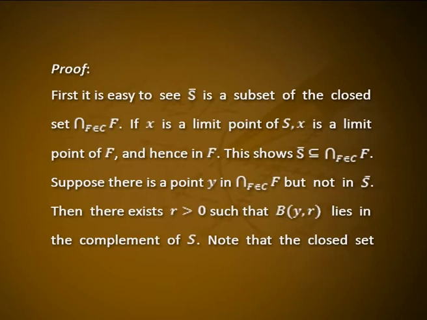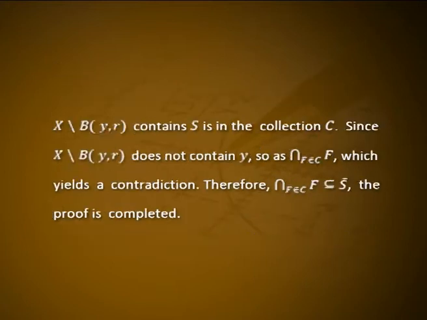Then there exists r greater than 0 such that B of y, r lies in the complement of S. Note that the closed set X difference B of y, r contains S and is in the collection C. Since X difference B of y, r does not contain y, neither does the intersection of F, F in C, which yields a contradiction. Therefore, the intersection of F is contained in S closure.